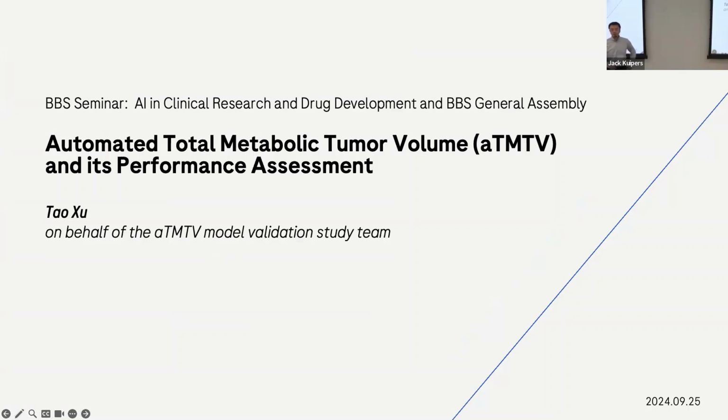Today I would maybe not directly talk about the AI and algorithm itself, but share a case study on how we tried to use AI machine learning algorithms to tackle a potential clinical question, and the assessment that we have done to bring it closer to clinical use, before it really enters clinical use.